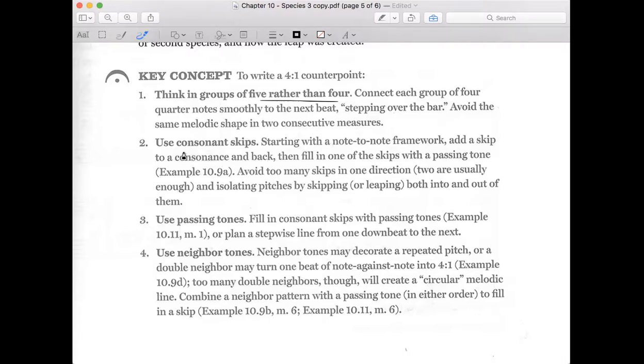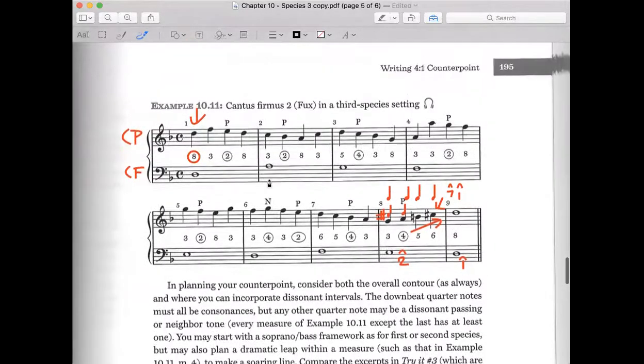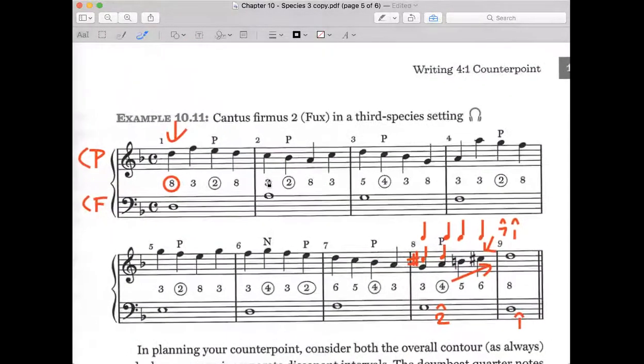Okay, consonant skips. By all means, you may use them. In fact, they're a nice way of establishing some variety. If you look back at some of the examples, for example, here, there we have a humongous leap of an octave, and of course, once we leap up, we have to recover by step in the opposite motion.